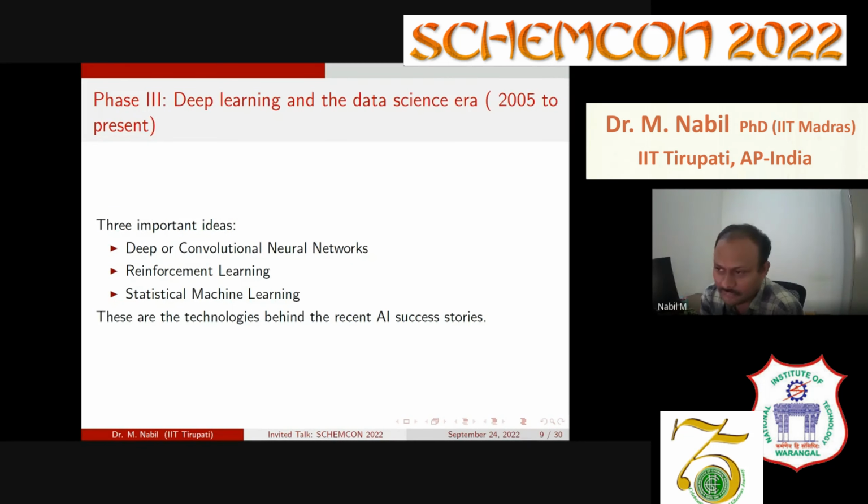The current phase, which is the deep learning or the data science era, or you can also put it as the machine learning phase, has three important ideas that have evolved. One is an extension of neural networks, which is deep or convolutional neural networks, which means there are several layers instead of a few layers representing the nonlinear relationship.